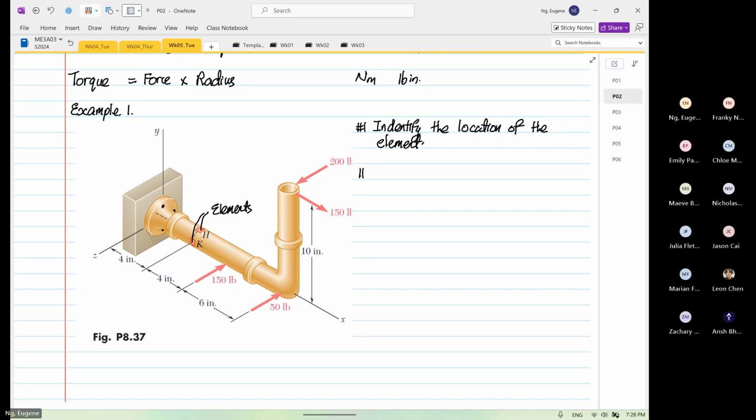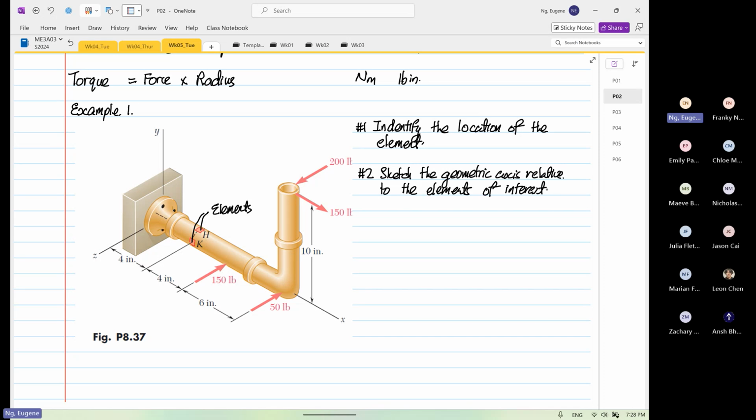Number two, we're going to sketch the geometric axis relative to the elements of interest.